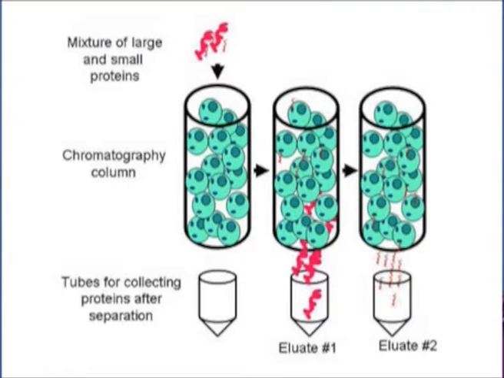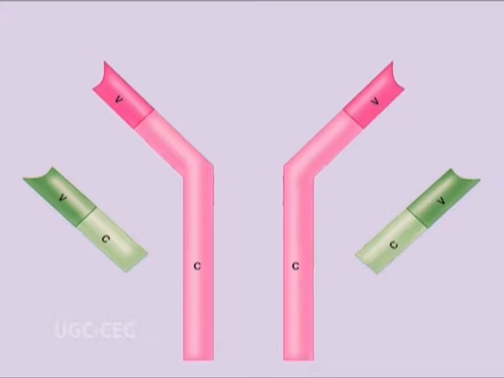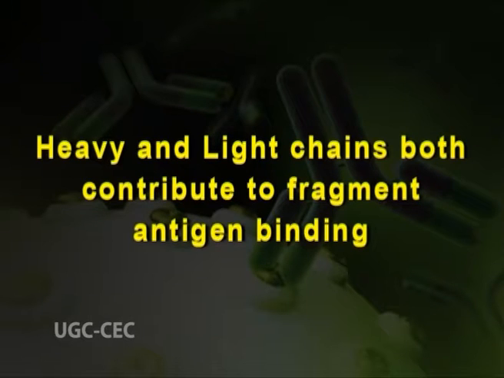The digested protein was separated by chromatography. The results explained the presence of 2 larger polypeptide chains named as heavy chain of 50,000 Daltons each and 2 light chains of 25,000 Daltons each. Heavy and light chains both contribute to fragment antigen binding.